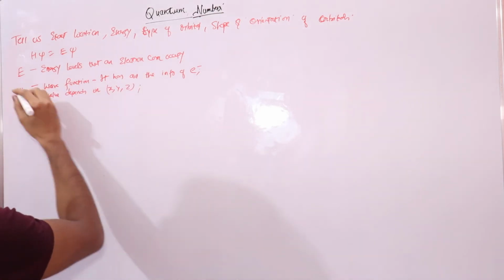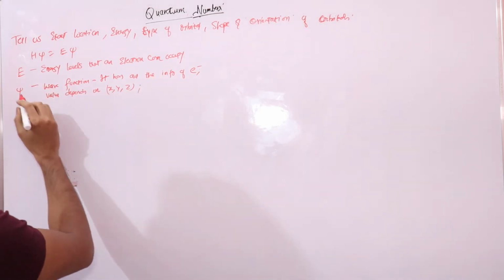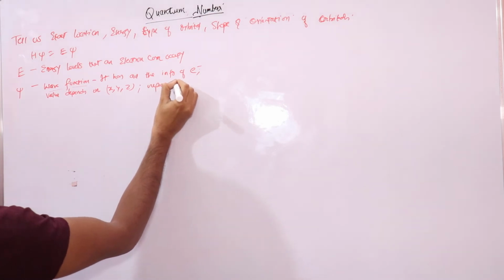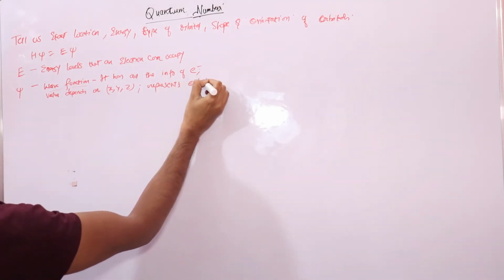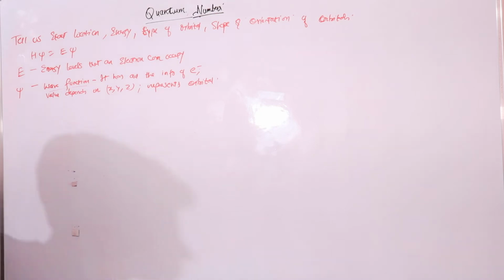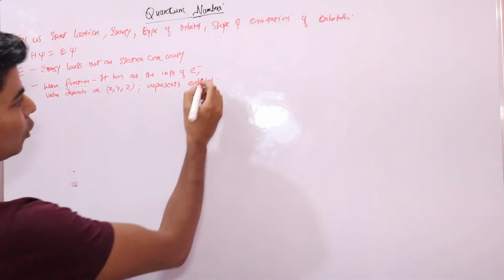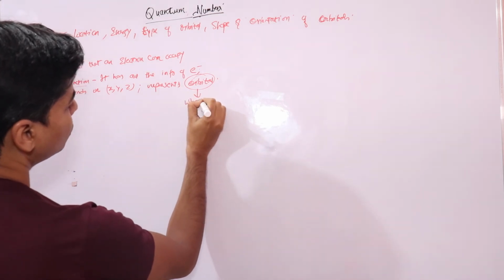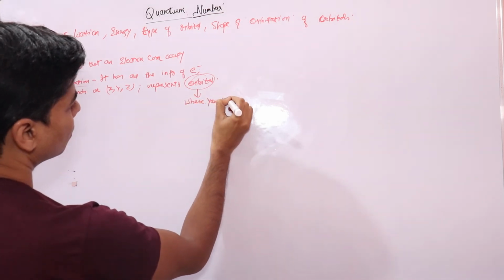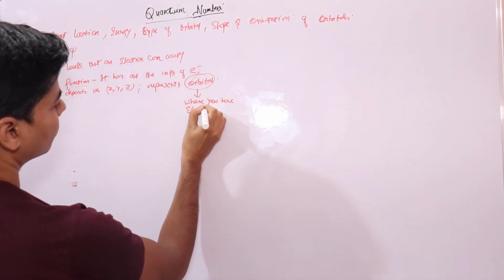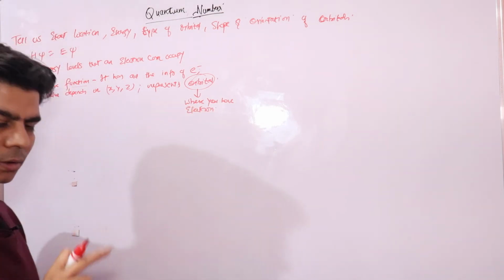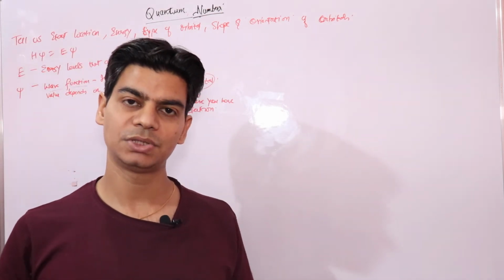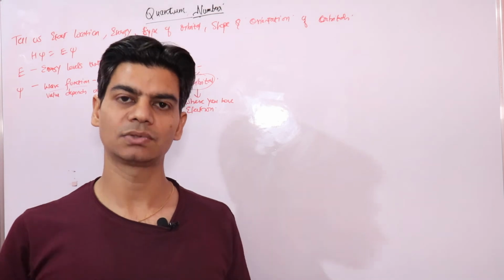And we said that this wave function psi represents the orbital. And what is an orbital? Orbital is nothing but where you have the electron. The electron is contained in the orbital. And how did we determine the shape and the size of the orbital?